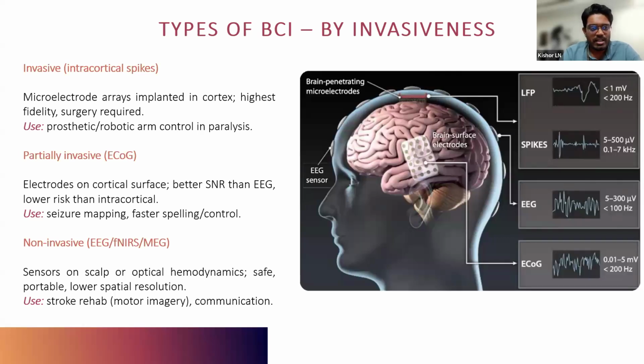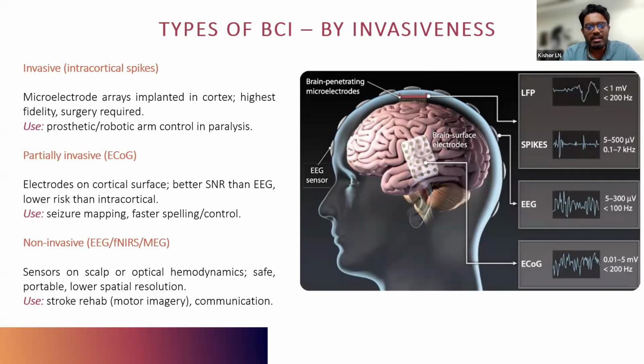The next one is partially invasive. They still require surgery, but it doesn't require opening up the skull. You can just have it placed underneath the skin, or sometimes just over the brain, not inserted into the brain.